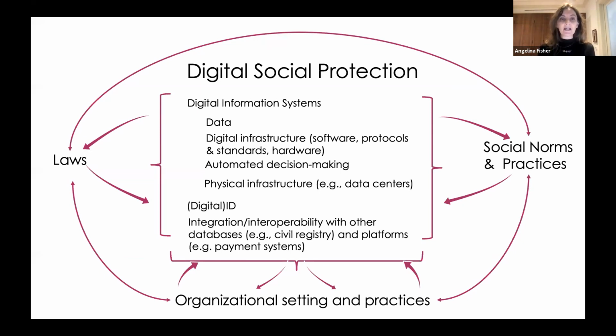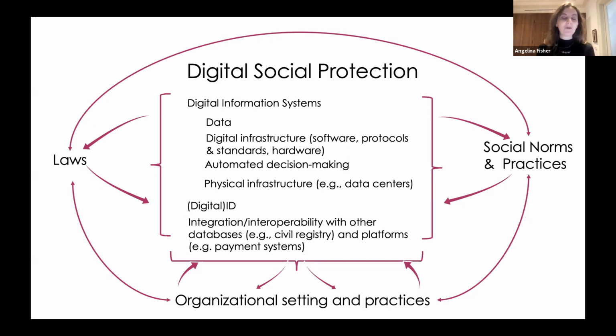I put these features, which I think have become central to the emerging digital protection systems, to illustrate how the social practices, the organizational practices, and the legal frameworks play a role at each of these stages. It's not just the data protection laws or privacy laws, their existence or non-existence, but contracts and procurement regimes.